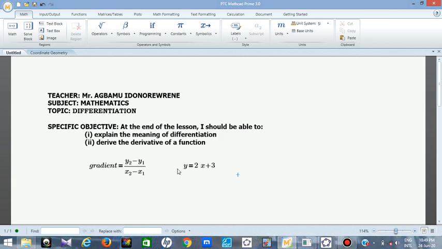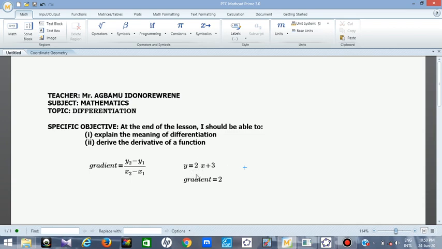If I say differentiate y equals 2x plus 3, all I'm trying to tell you to do is to find the gradient of this function. You know this is the equation of a line if you go through our last class. I know that the gradient is equal to 2, based on the general equation of a straight line, where we take the coefficient of x.